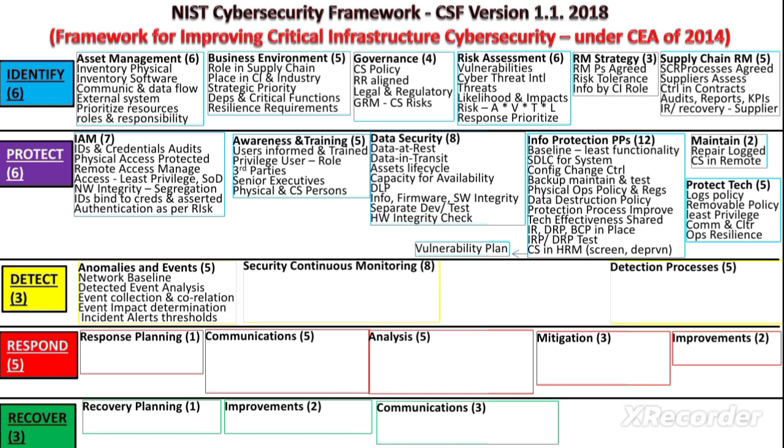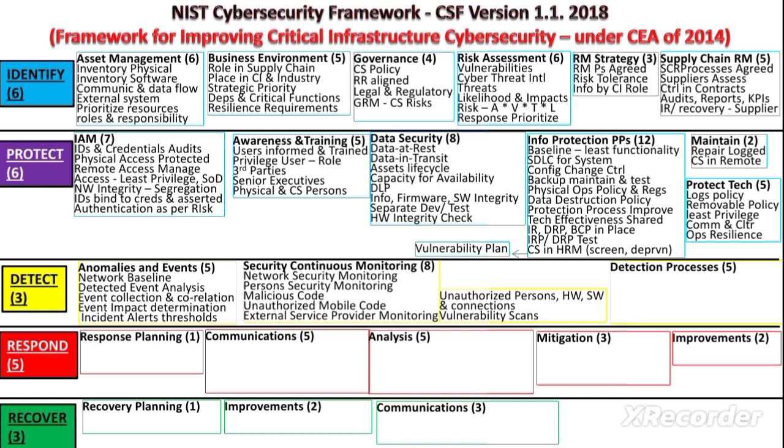Then you can also centrally collect these events and correlate to confirm any incident. And then you have to perform the impact analysis of these incidents, and you also have to define the threshold for various incident alerts.